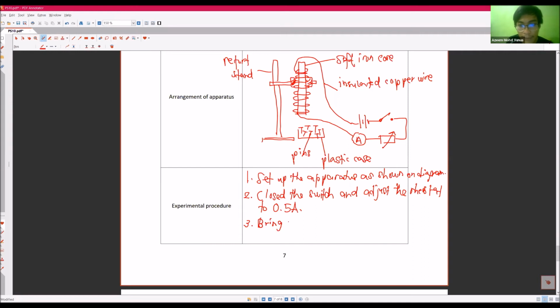Number 3, bring the plastic case of pins closer to the soft iron core.